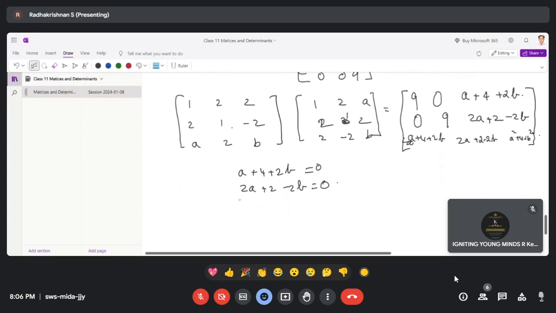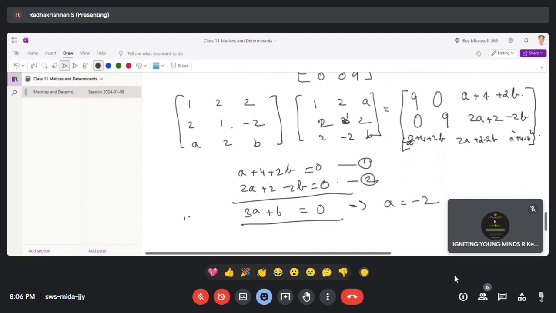So here you simply add the two, we get 3a plus 6 equal to 0 because 2b minus 2b get cancelled. So that means 3a equal to minus 6, a equal to minus 2. Okay. So you substitute a equal to minus 2 in equation number 1. So what do you get? a plus 4 plus 2b equal to 0.